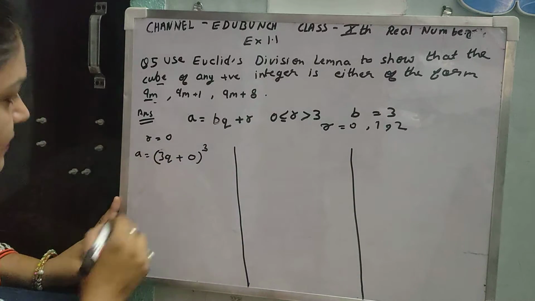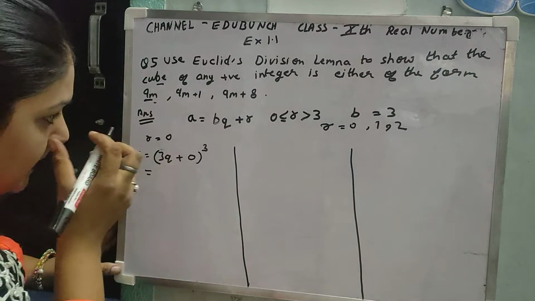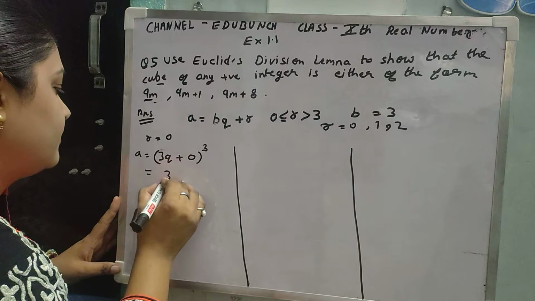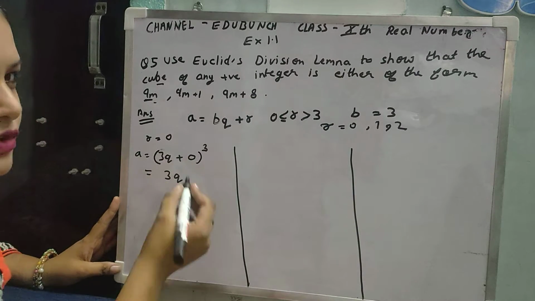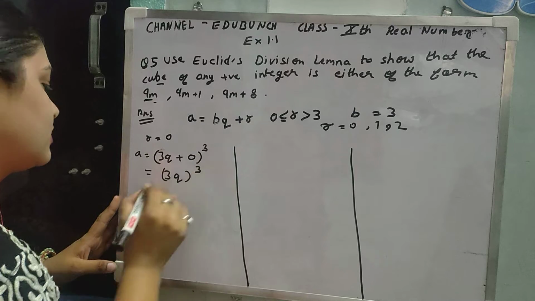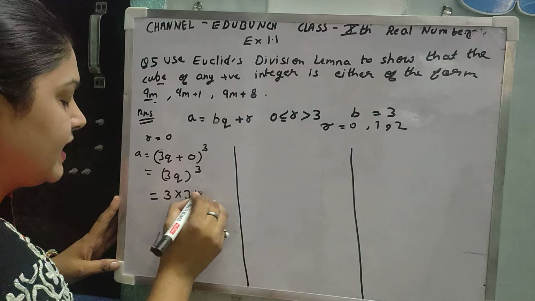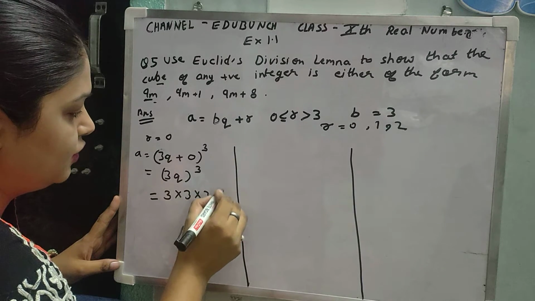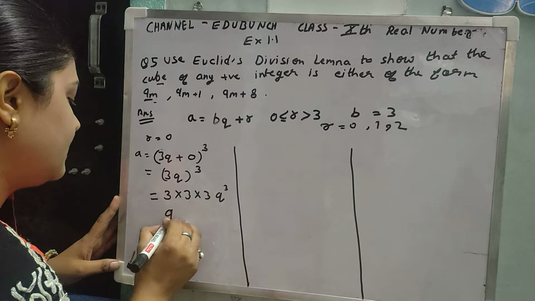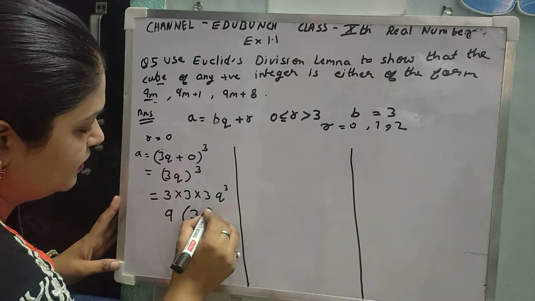When we add the 0, the digit stays the same, so we are only taking 3q cube. 3 3s are 9, 9 3s are 27, so cube of 3q is 27q cube. So here we are taking 9 as common and 3q cube.